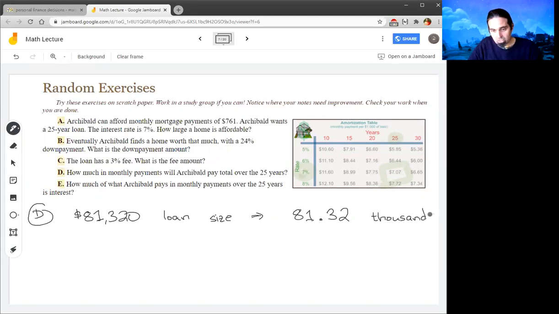You can think about it as scooting the decimal 3 times to the left, because that's another way to do divided by 1,000. You could think about just turning the comma into a decimal point. However it works in your brain, we need to turn the loan size into how many thousands, because we can't use this table unless we're dealing with thousands of loans.